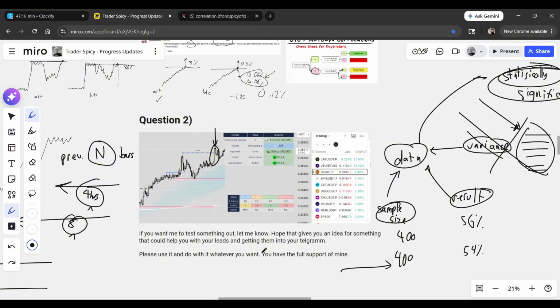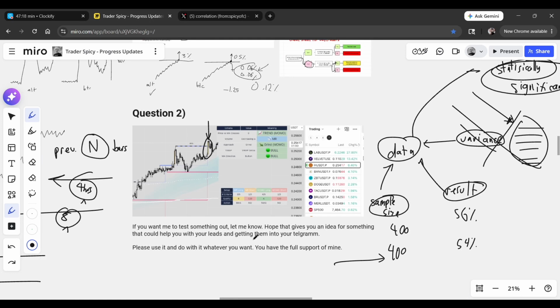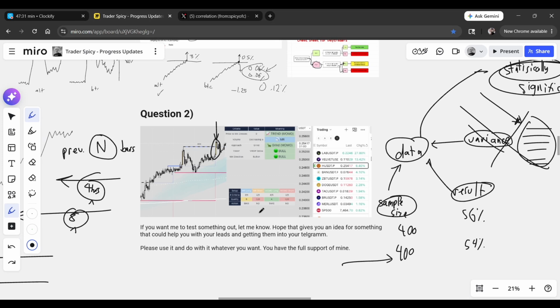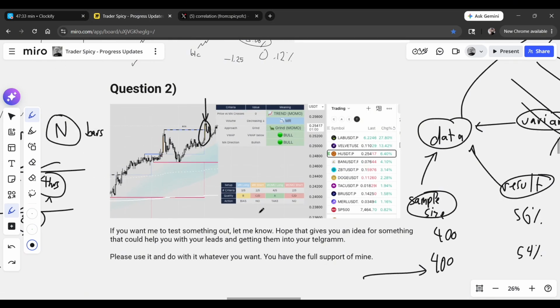Now, before I wrap this video up, I will not be using this for my leads. Unfortunately, I don't want to use someone else's thing to help me get leads. But for a very long time now, I've been thinking about, over time, wanting to continuously build more and more tools which reduce the friction required in order to actually go and take a trade.